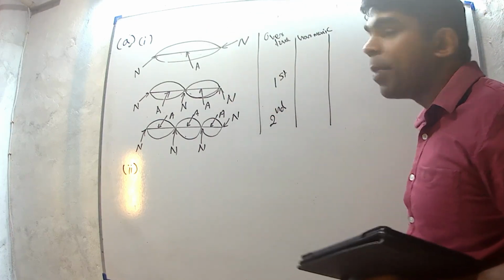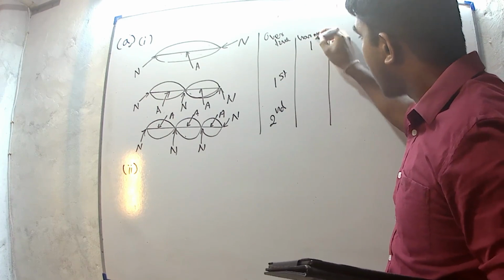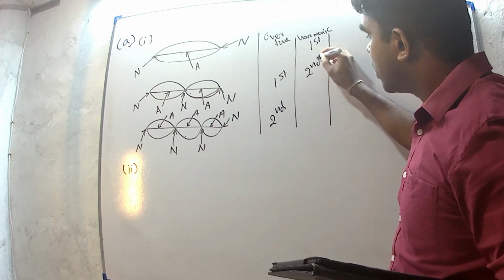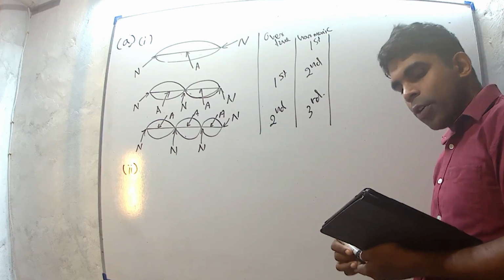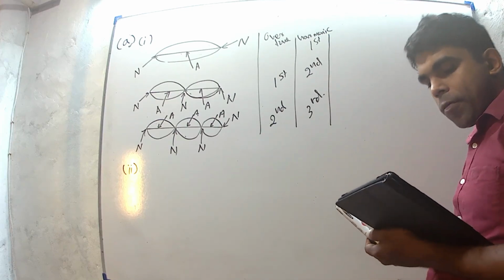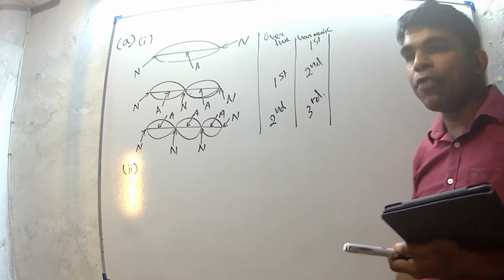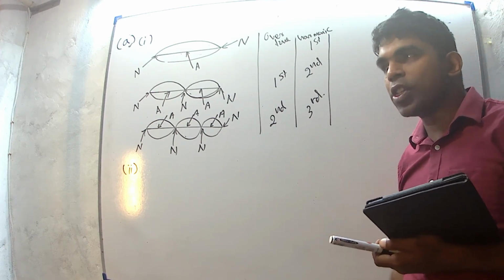Then considering harmonic number, this one is the first harmonic, second harmonic, third harmonic. Now we have to write the frequency Fn. It means frequency of the nth harmonic.